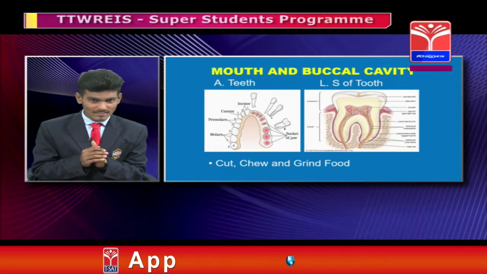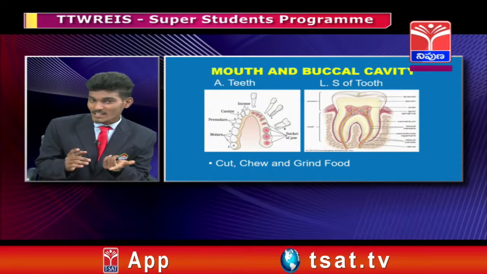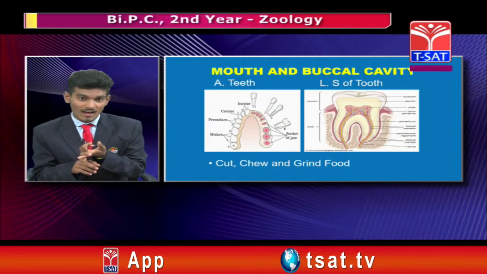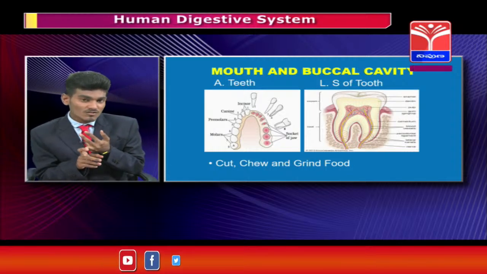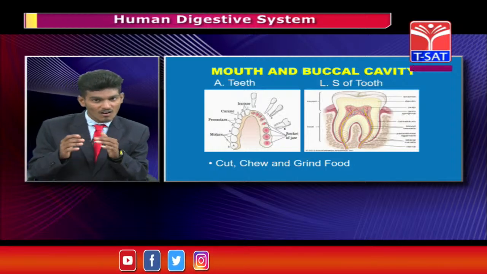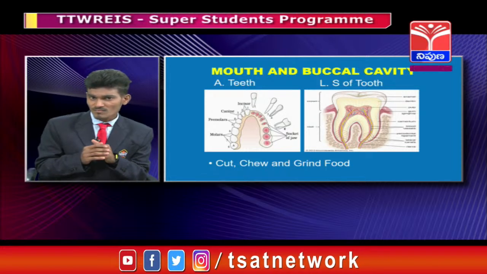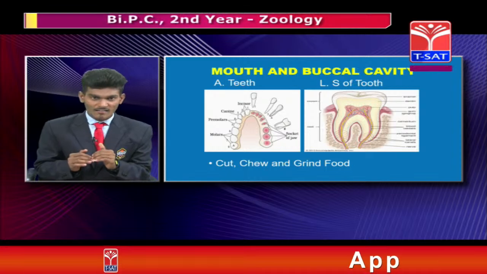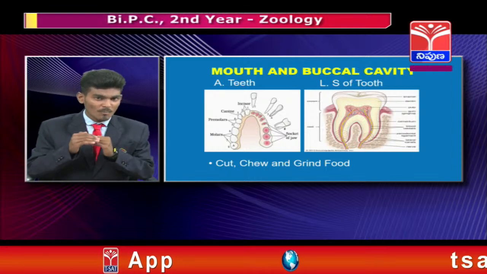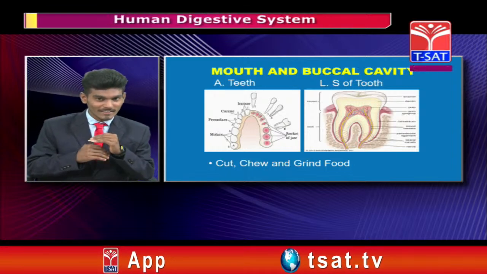What is the help of the teeth? Mastication of the food, cutting of the food materials and chewing of the food items. In human beings, there are two sets of teeth.